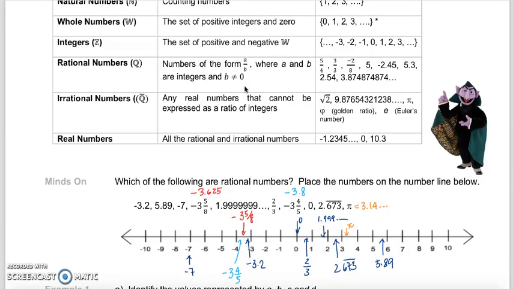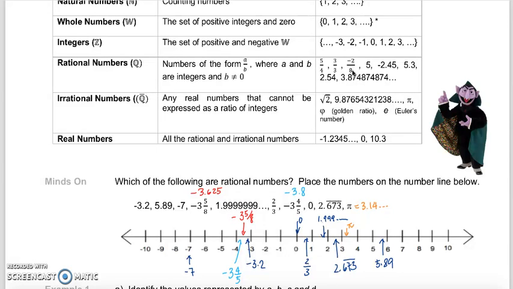Some examples of rational numbers include 5/4, 3/3. You may know this, well, this is just 1. Yes, it is. And then you can also have negative rational numbers, because -2 is an integer, 8 is an integer.